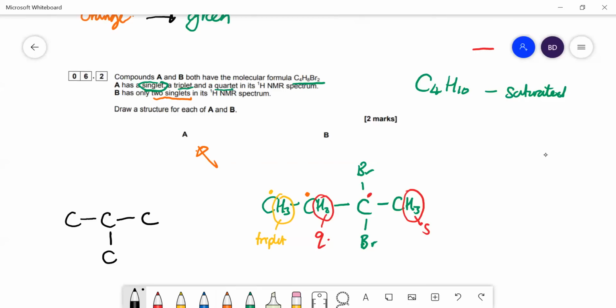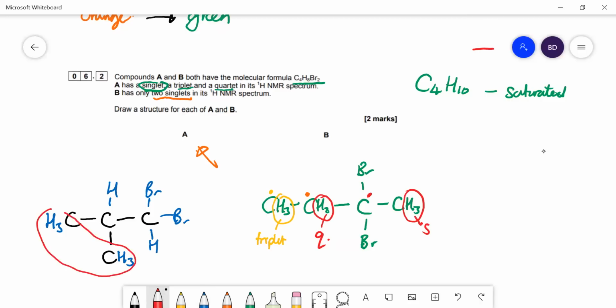So let's put the bromines here on that one. Let's see how that works out. So that's going to be CH3, that's going to be CH3, it's going to be H, and that's going to be H. Now you should be able to see that that can't be the answer because they're the same. That will give you 1, 2, 3 peaks, and we've only got 2 singlets. So we've got to move the bromine.